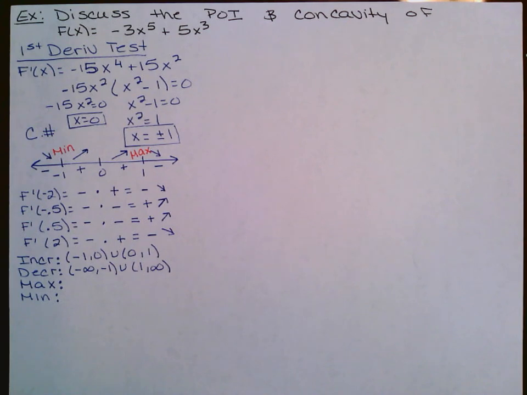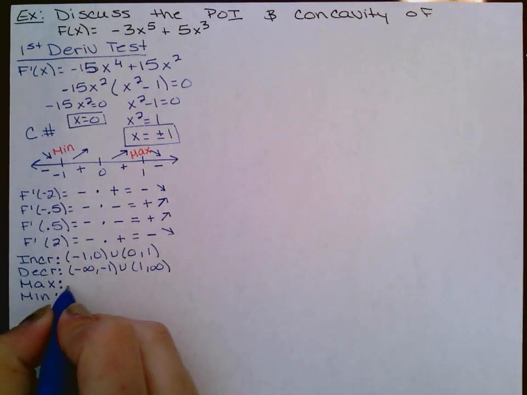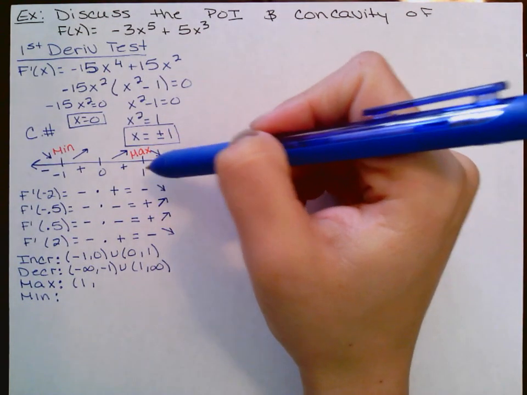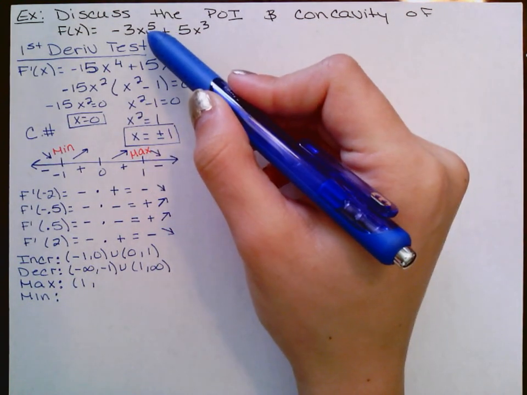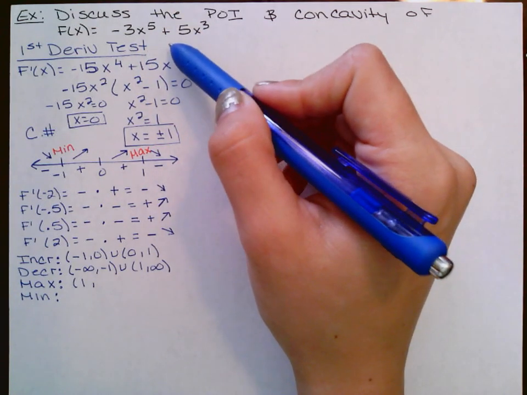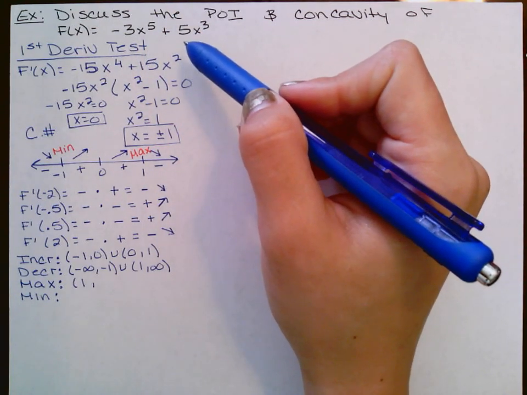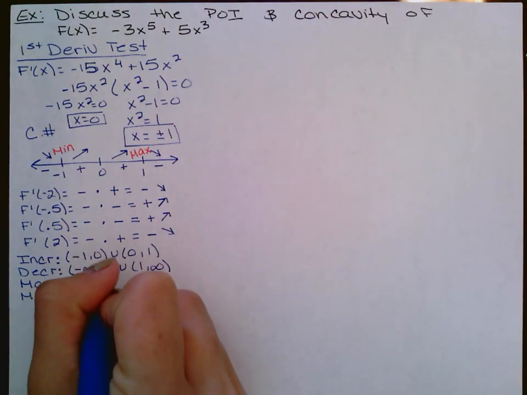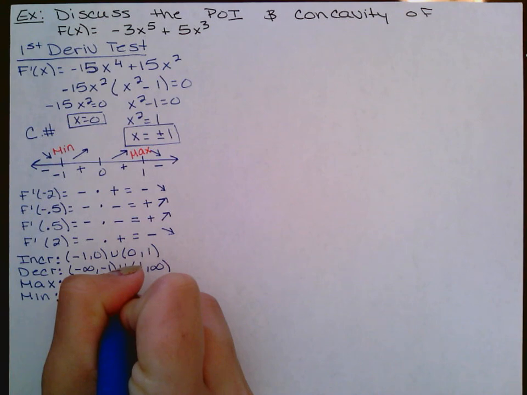Now, my max is at 1. And to find the y value, I need to plug that 1 into the original. Okay? So -3 times 1 to the 5th plus 5 times 1 to the 5th. And I get a +2. Okay?